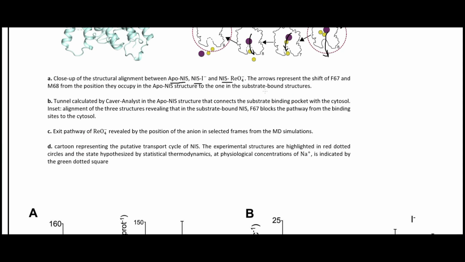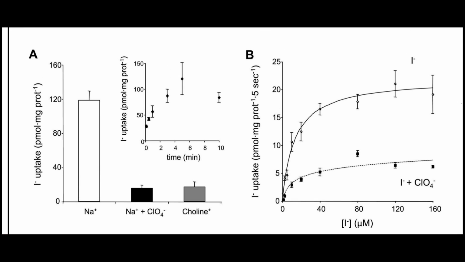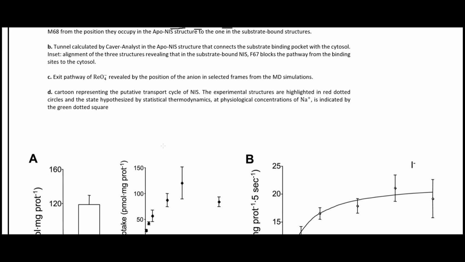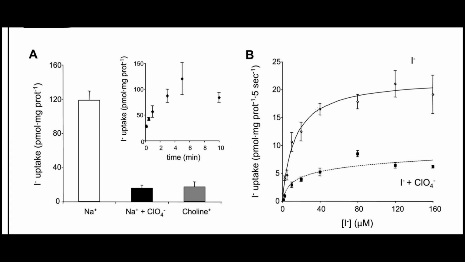And this is looking at the kinetics of this. This is from a different paper, I believe. They were looking at the kinetics, and they knew that the sodium was necessary.